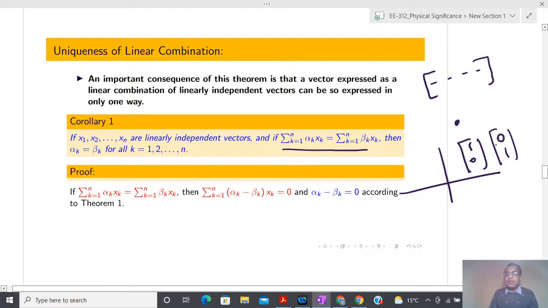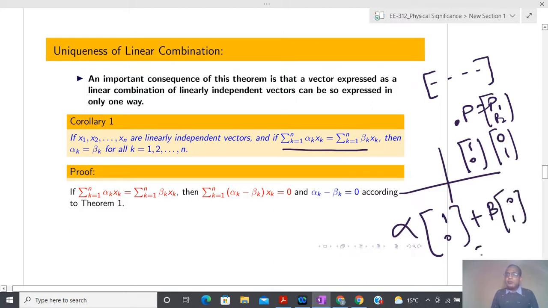Then you can select any coordinate frame, that is p1 p2, and if you try to represent it with the help of p1 p2, then I have a unique solution p1 and p2. Okay, so if the coordinate frame is fixed, then each and every point can be represented only in a unique way. Non-unique representation is not possible, and this is very easy to prove.